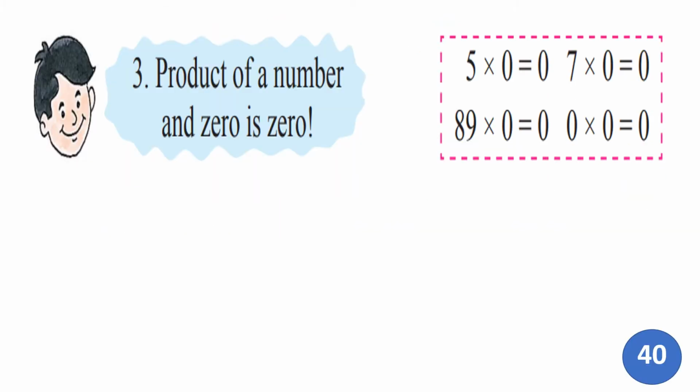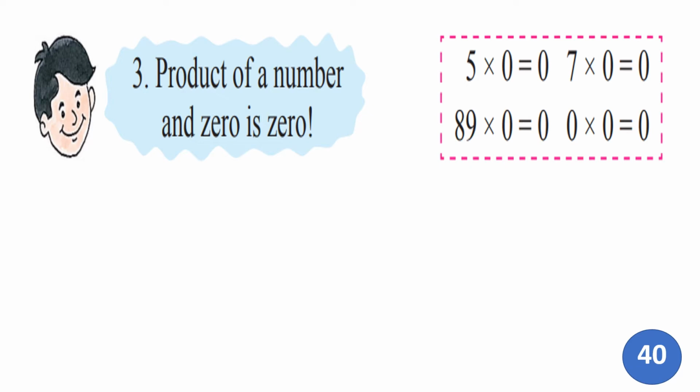Number 3. The product of a number and 0 is 0. Look at here, students. 5 times 0 equals 0. 7 times 0 equals 0. 89 times 0 equals 0. 0 times 0 equals 0.